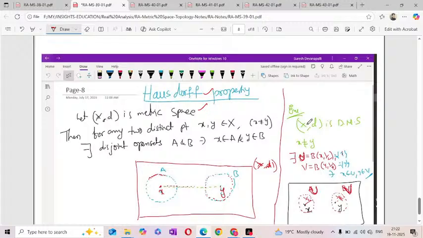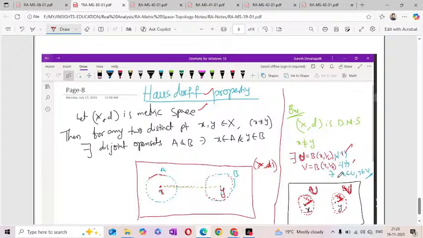For example, here I am taking (X, d) as the discrete metric. I am taking two different points from this, x and y. Around x, I am taking an open ball with radius 1/2, and around y also I am taking an open ball with radius 1/2, or 1/4. Observe that these are single-term sets.